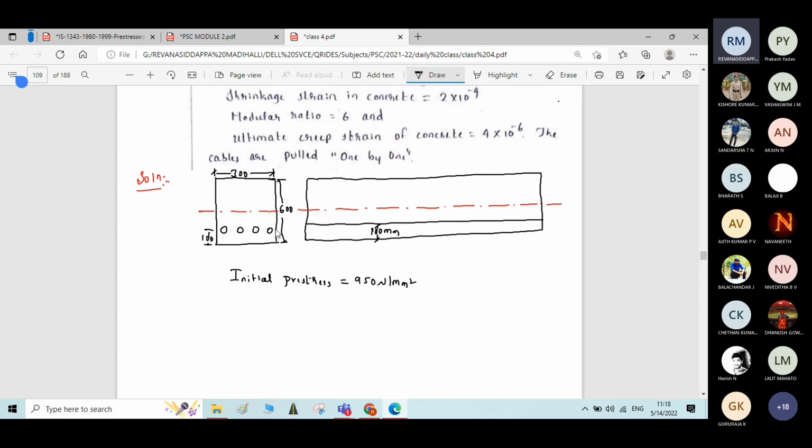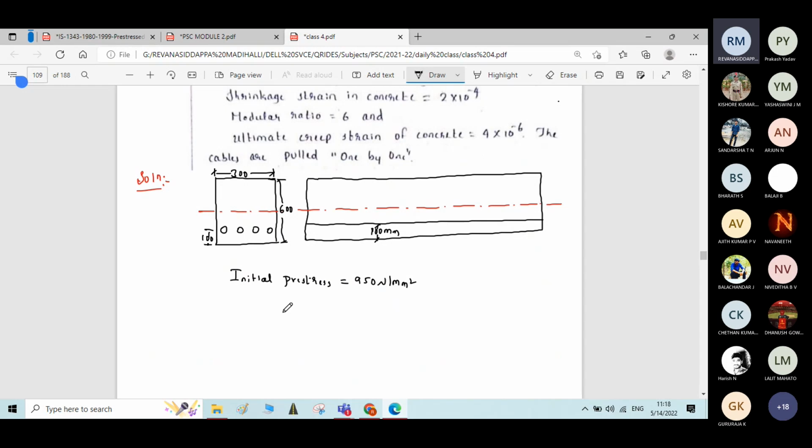This is the cross section. This is the longitudinal section I have written. In the longitudinal section, you can see the length of only one cable, because all the cables are at the same level. That is why I have written only one cable along the length of the beam, at a distance of 100 mm from the soffit of the beam.